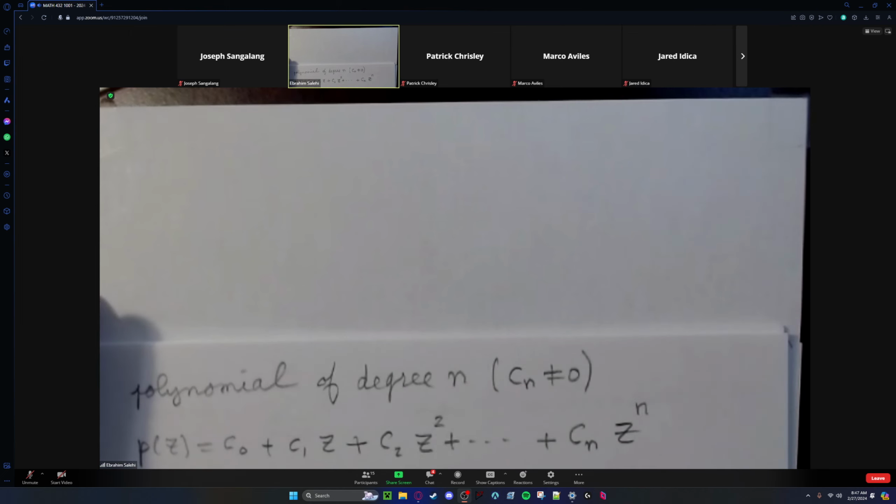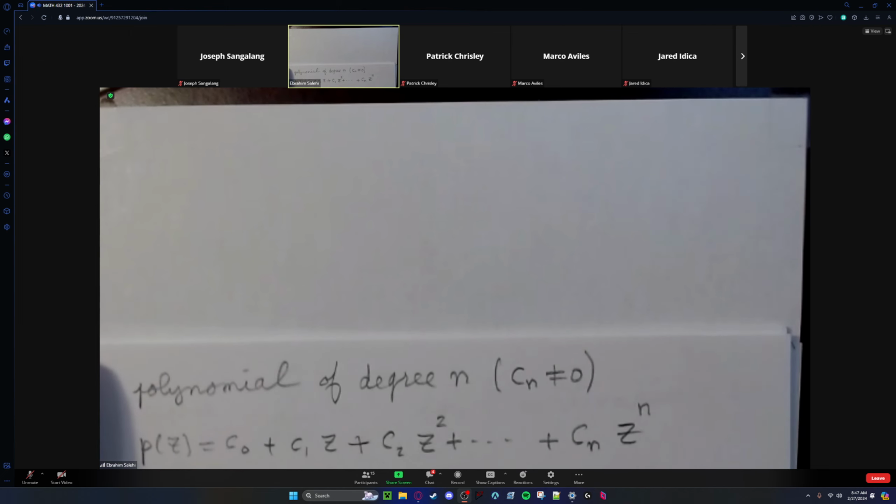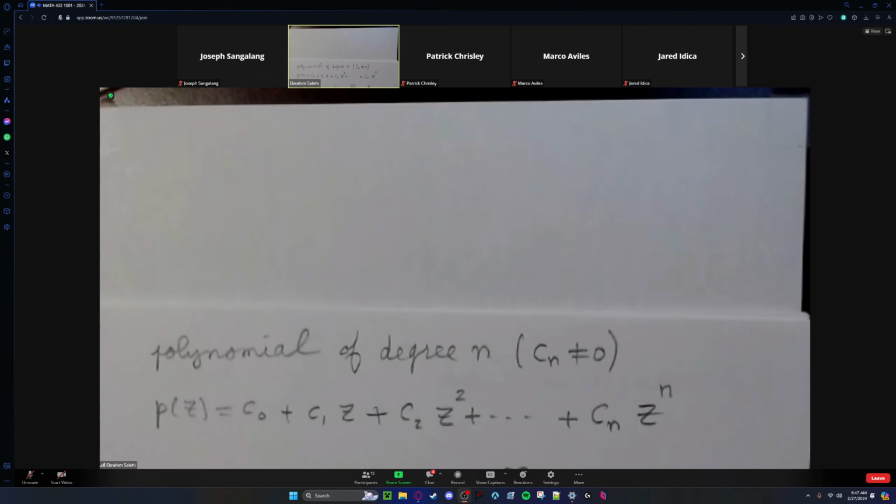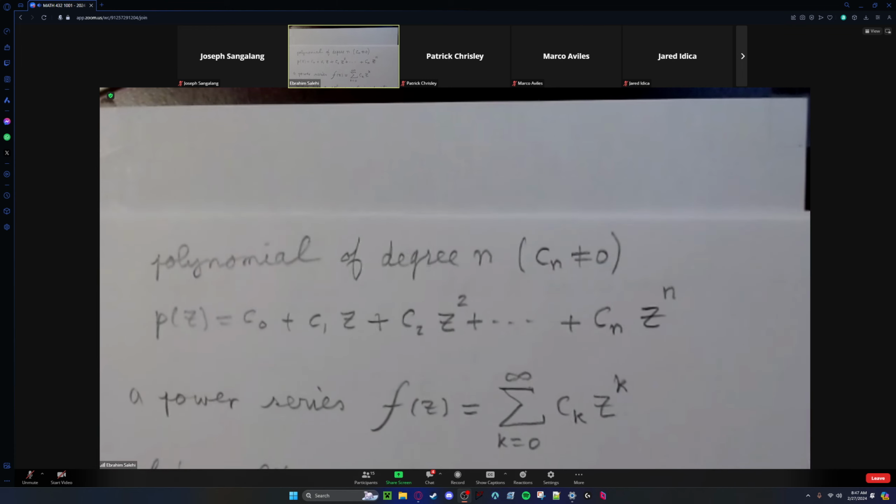Then I told you that we like these power series because within their disk of convergence, they behave like a polynomial, right?